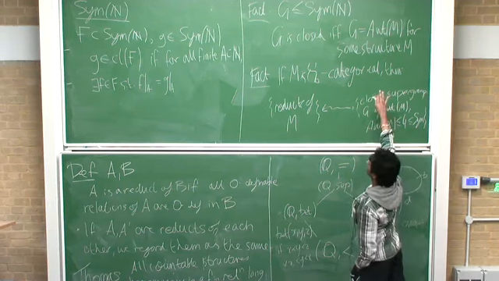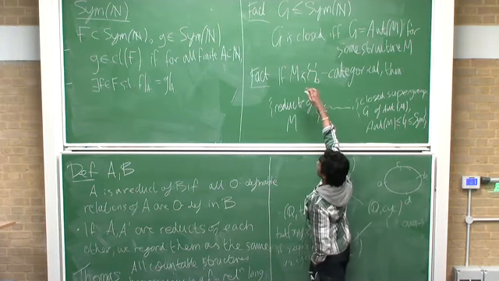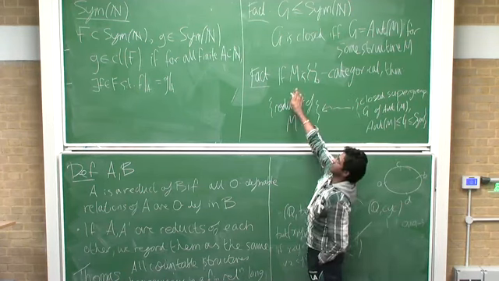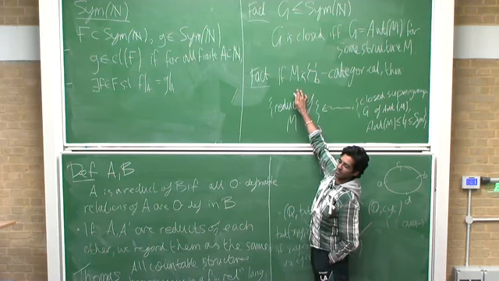Omega-categorical just means that if you have any other countable structure which satisfies the same theory as M does, then it's isomorphic to M.